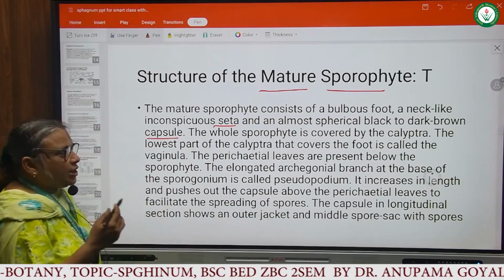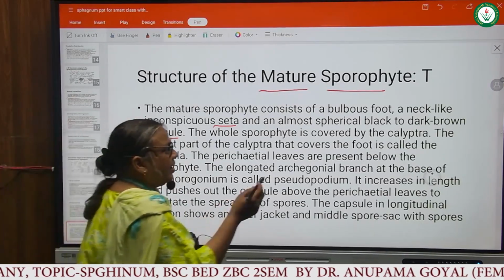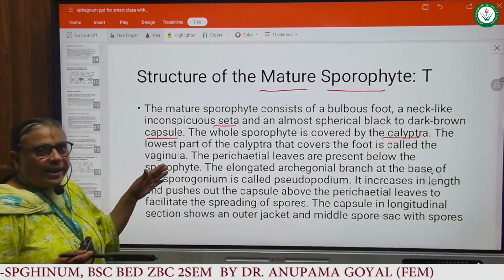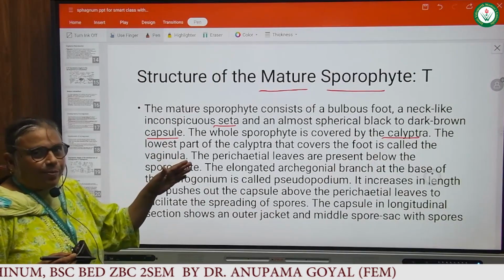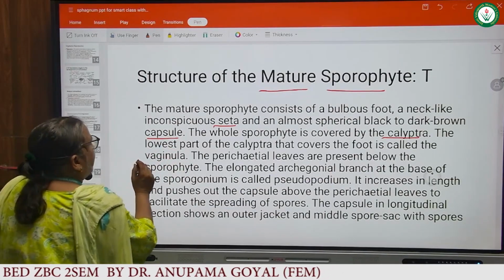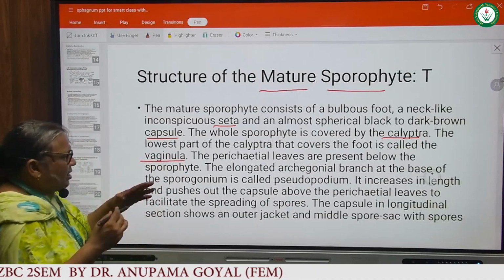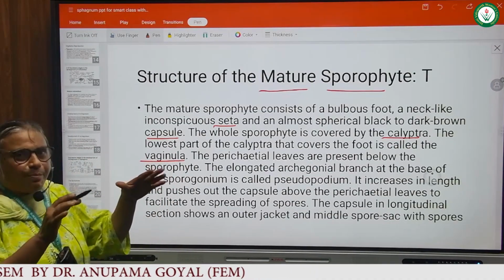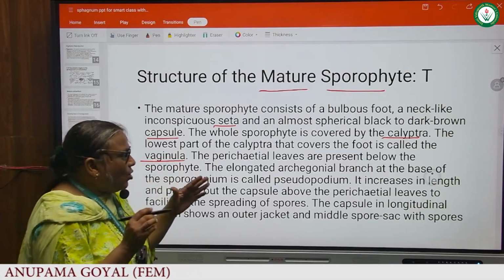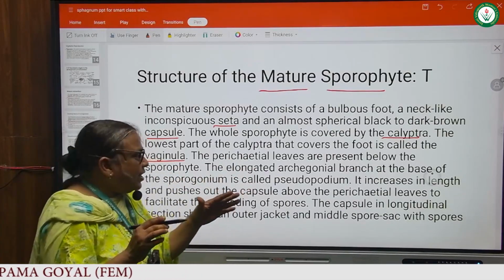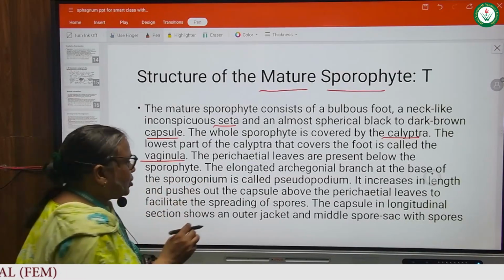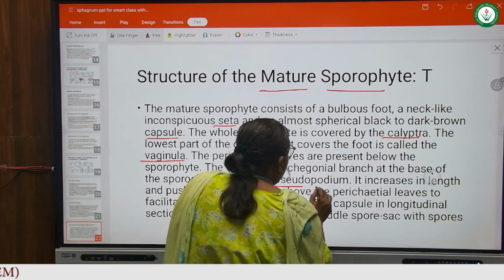The whole sporophyte is covered by the calyptra, and the lowest part of the calyptra that covers the foot is called the vaginula. The perichaetial leaves are present below the sporophyte, and the elongated archegonial branch at the apex of the sporogonium is called the pseudopodium.